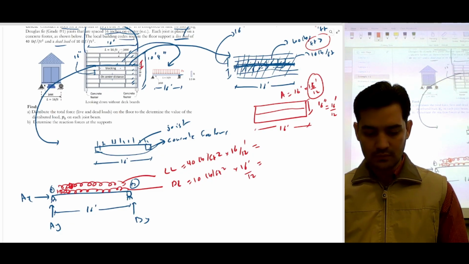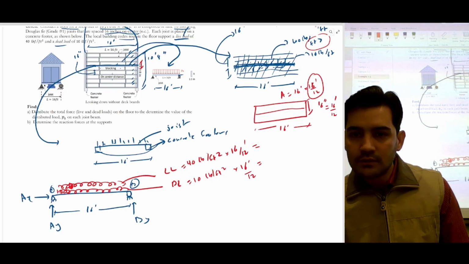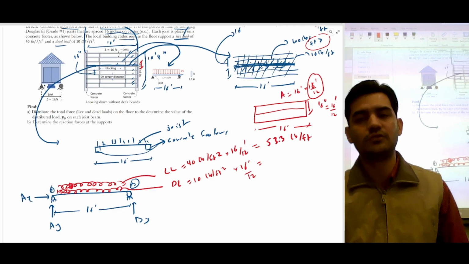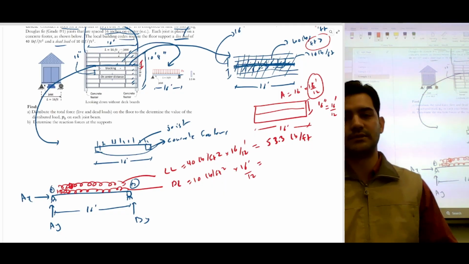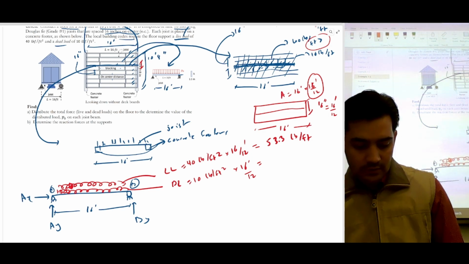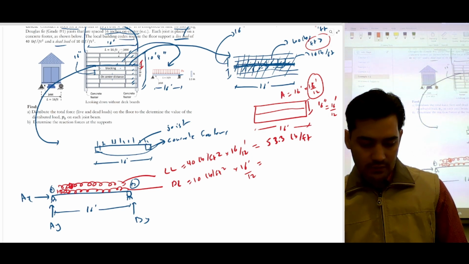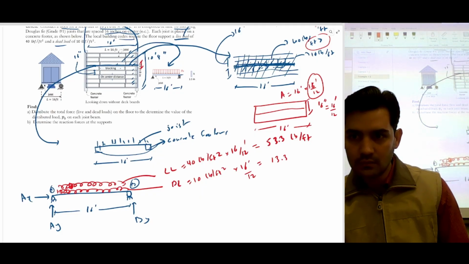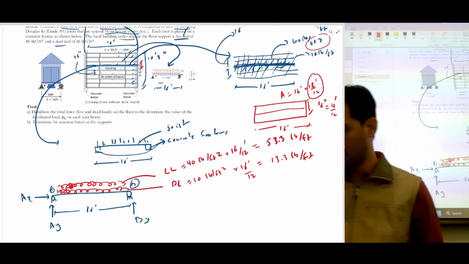So the live load is 53.3 pound per feet. So now we have a two-dimensional problem. Before we had a three-dimensional problem, we converted it to a two-dimensional problem.